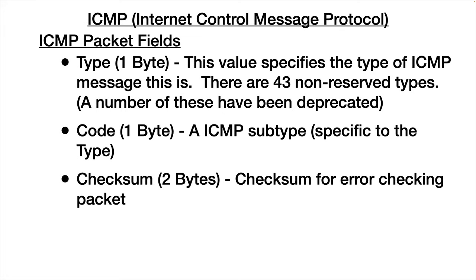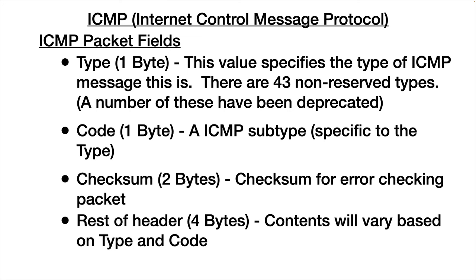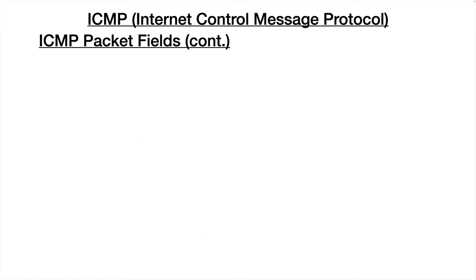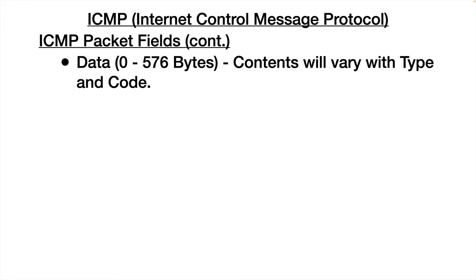You then have a 2-byte checksum, which, like all checksums we talk about in here, is for error checking the packet. Then we have something 4 bytes called rest of header. The contents in here will vary based on type and code. And finally we have a data field, which is 0 to 576 bytes. Again, its contents are going to vary based upon the type and code. And a lot, if not the majority, of ICMP packets will have no data associated with them.